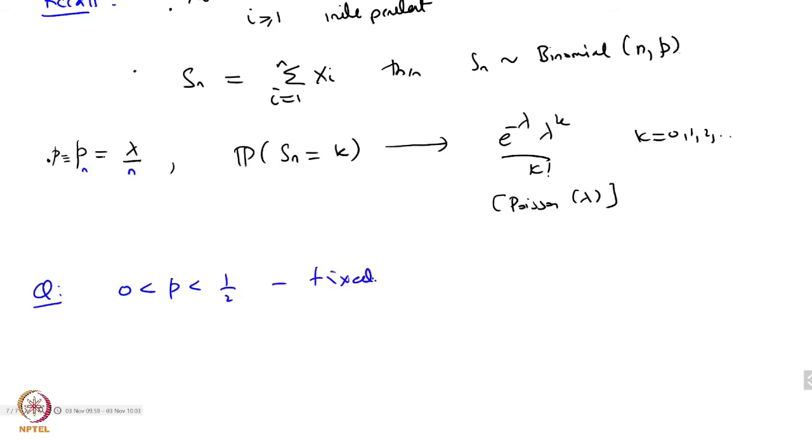What happens to Sn as n goes to infinity? If p stays fixed, what is the behavior of Sn?